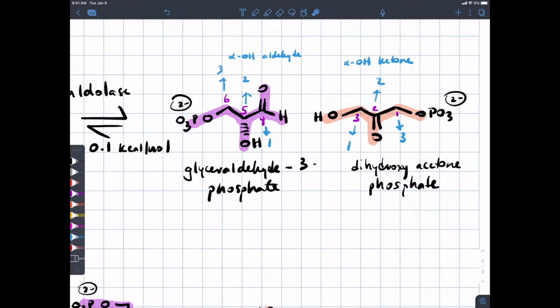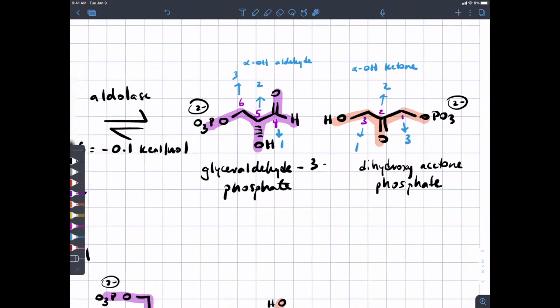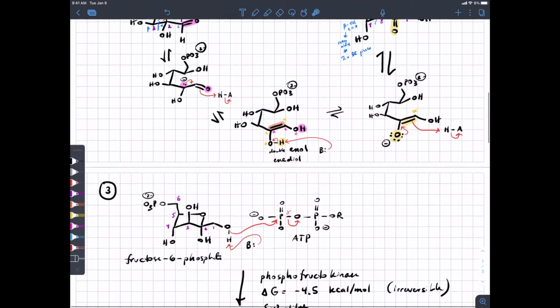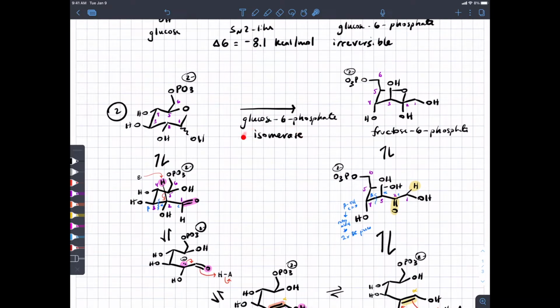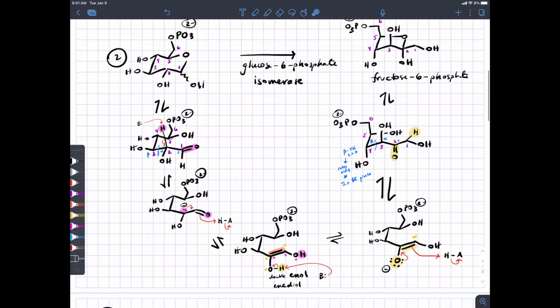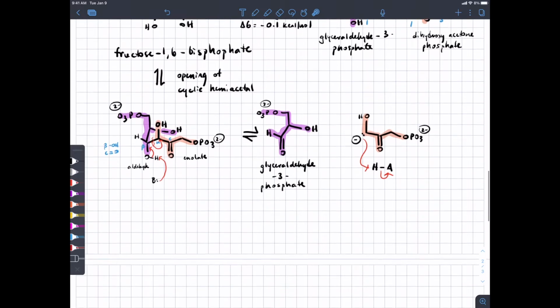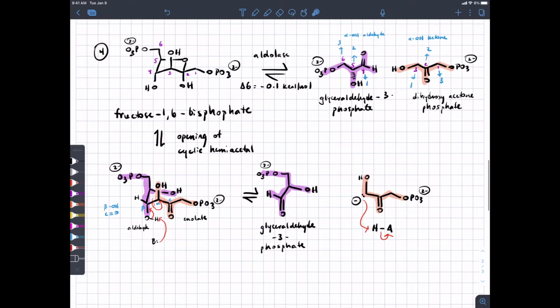Glucose was an alpha hydroxyaldehyde. Fructose is an alpha hydroxy ketone. And before, we interconverted glucose and fructose using this isomerase enzyme where we made an ene diol intermediate and then switched who was the carbonyl and who was the alcohol. We're going to do exactly the same thing in step 5 of glycolysis.